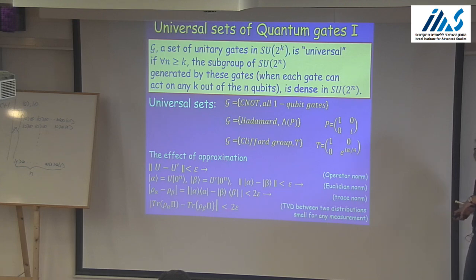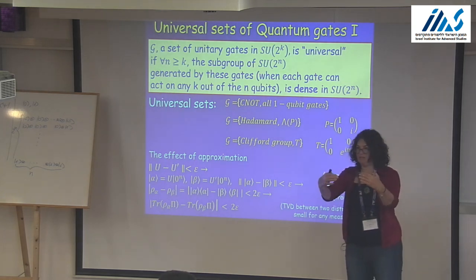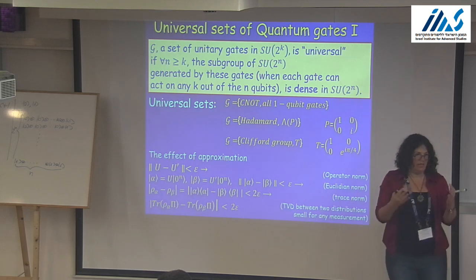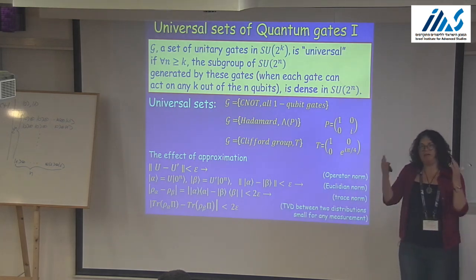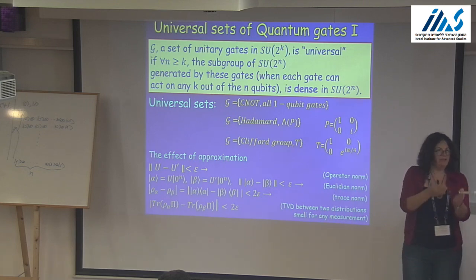And it's possible to show that if you have managed to approximate the final density matrix to within a very small epsilon in the trace distance, then any measurement that you apply will have very similar distributions on the two density matrices.